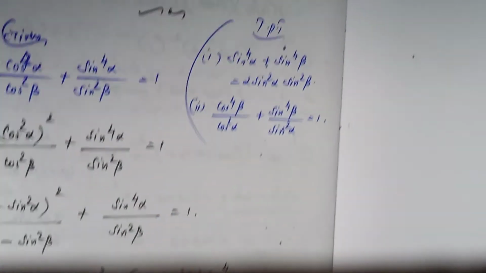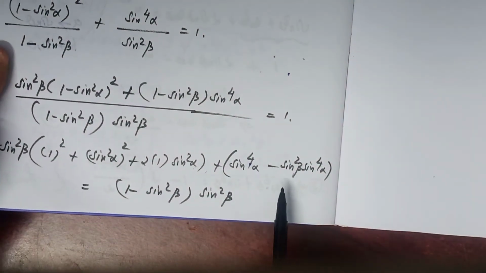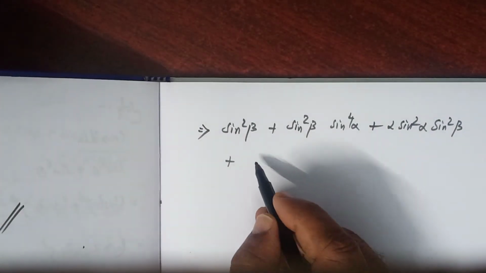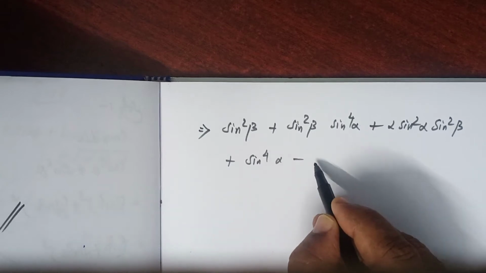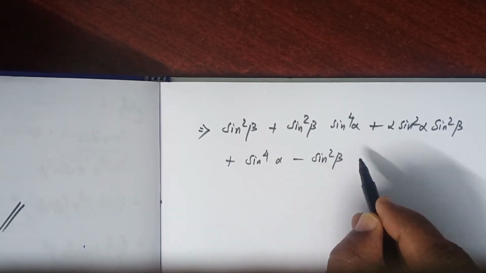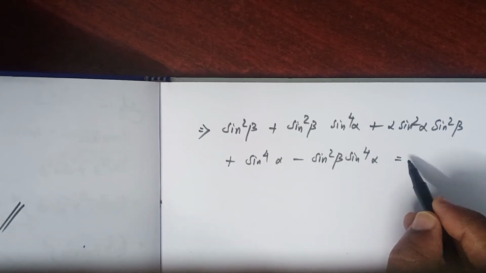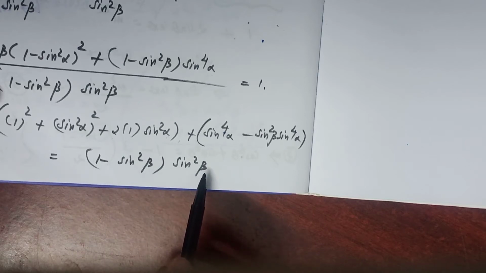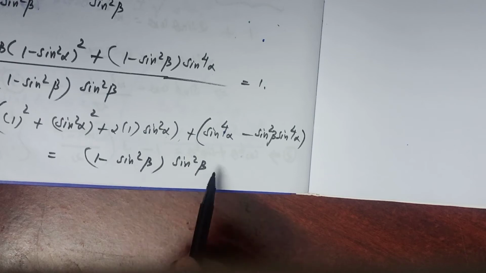Plus sin power 4 alpha minus sin squared beta, sin power 4 alpha, that is equal to, have to multiply these two, 1 into sin squared beta minus sin power 4 beta.